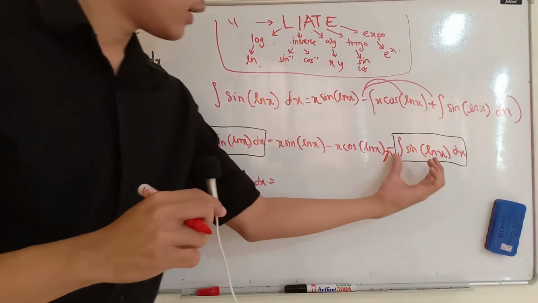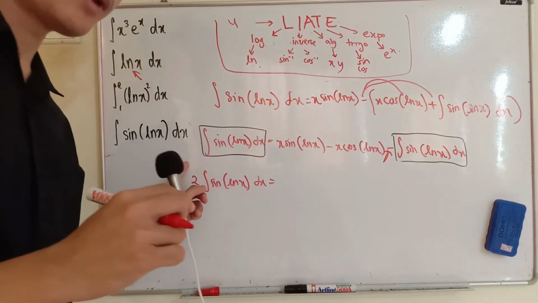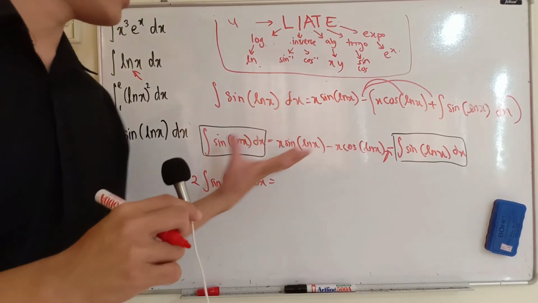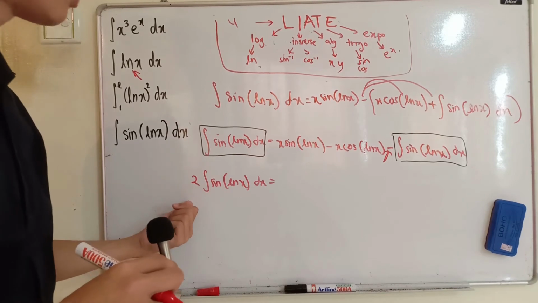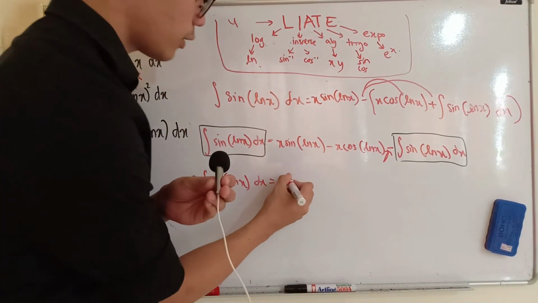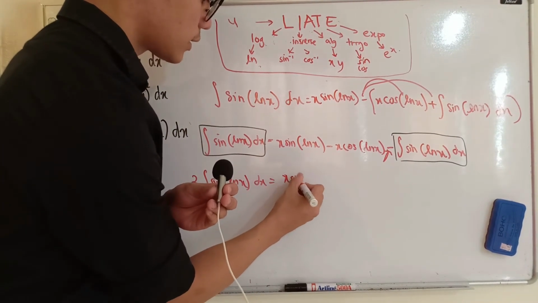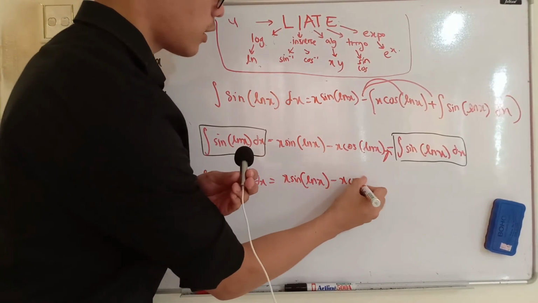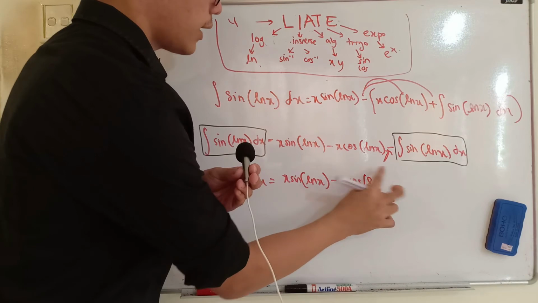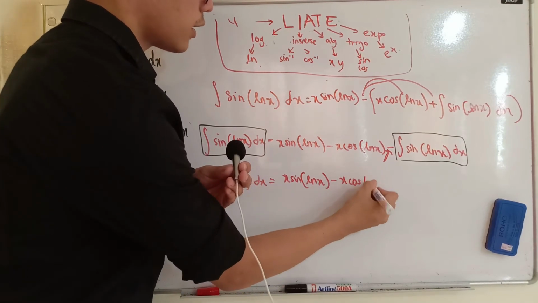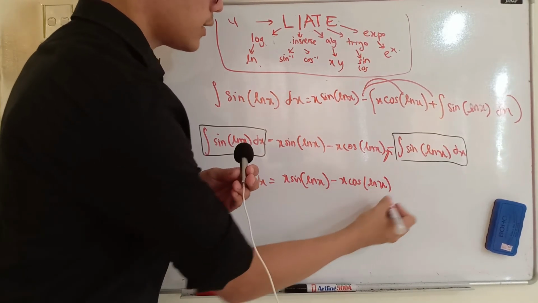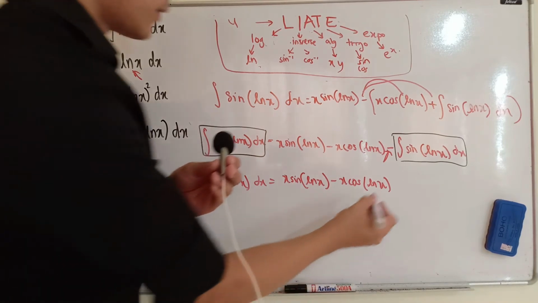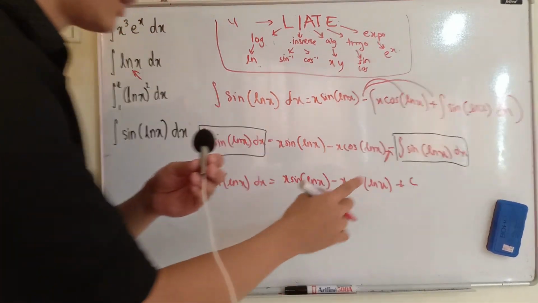Because here is minus, when I bring it here it is plus, so the same thing plus together becomes 2 times the integral of sine ln s ds, equals s sine ln s minus s cos ln s, plus c once I integrate it.